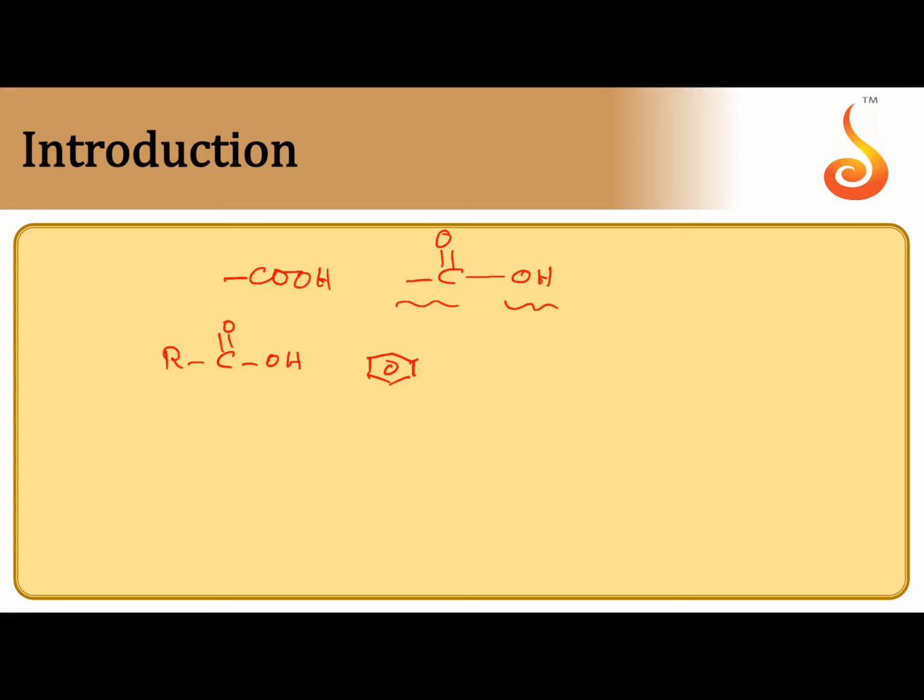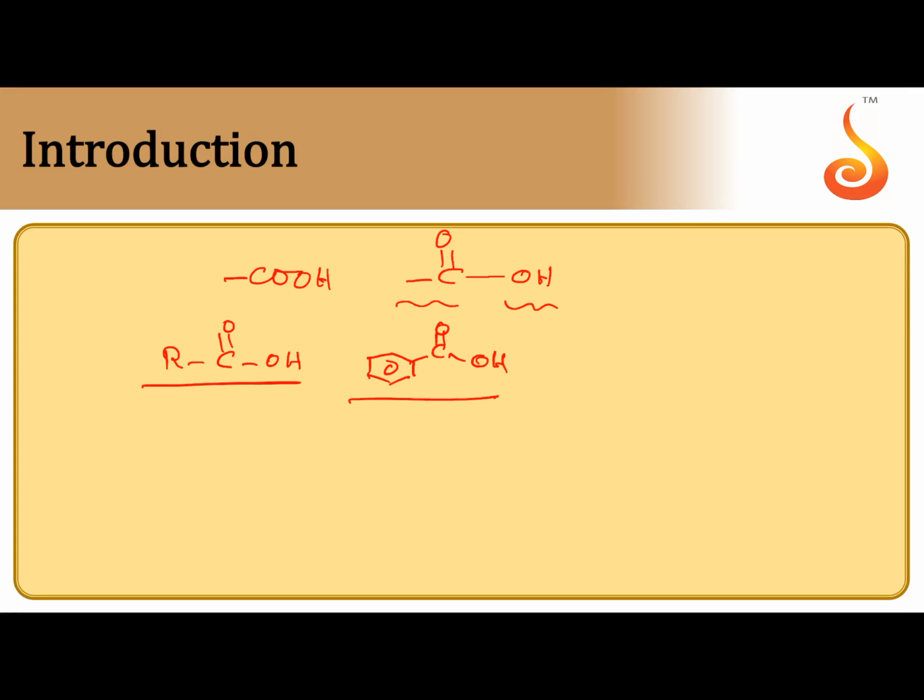Maybe an arene ring is also attached to the COOH. So there are aromatic carboxylic acids and aliphatic carboxylic acids. If only one COOH is present, they are monocarboxylic acids. Higher carbon chain acids containing an even number of carbons are also called fatty acids.